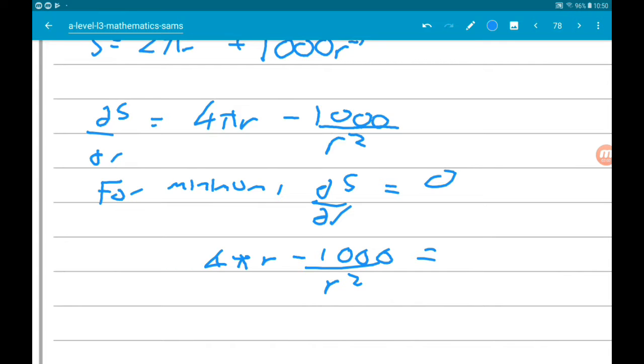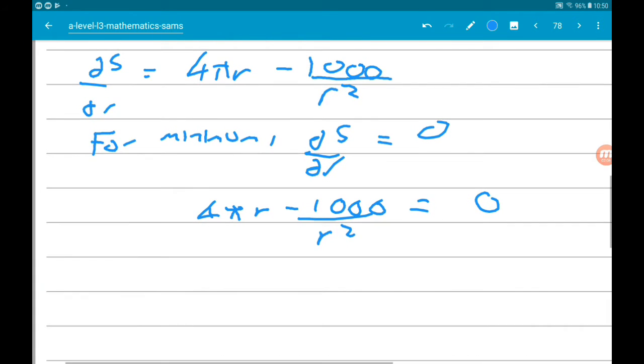is equal to 0. Now if we multiply through by r squared, we get 4 pi r cubed minus 1000 is equal to 0.